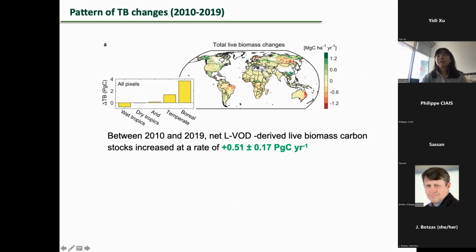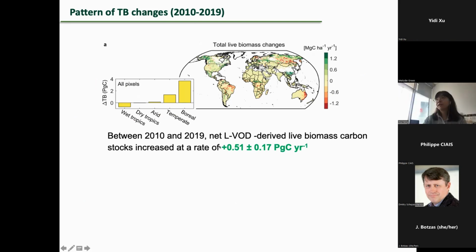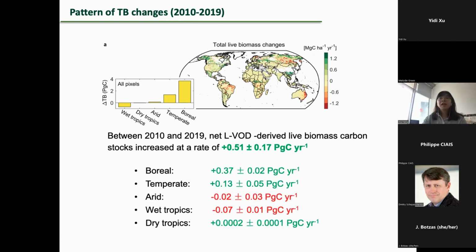It's the biomass change from 2010 to 2019. Globally, we found the carbon stock increases at a rate of 0.5 petagrams of carbon per year. The boreal region and the temperate region are the largest and second largest contributors to this carbon sink.